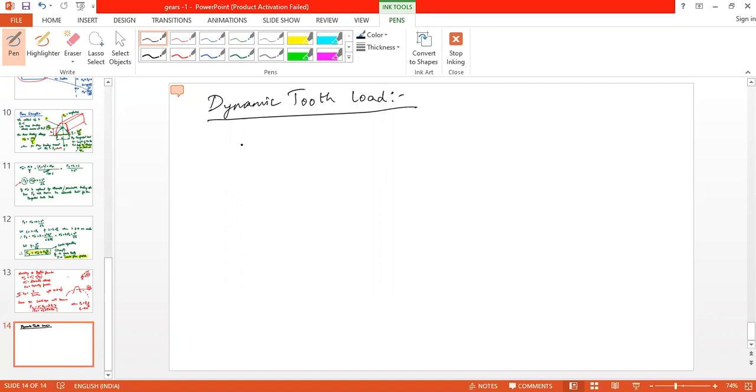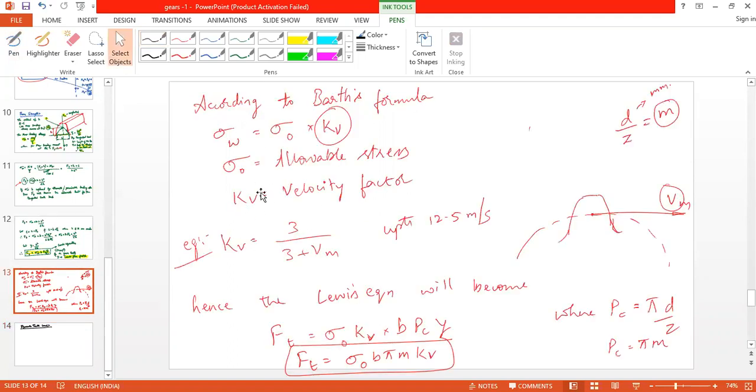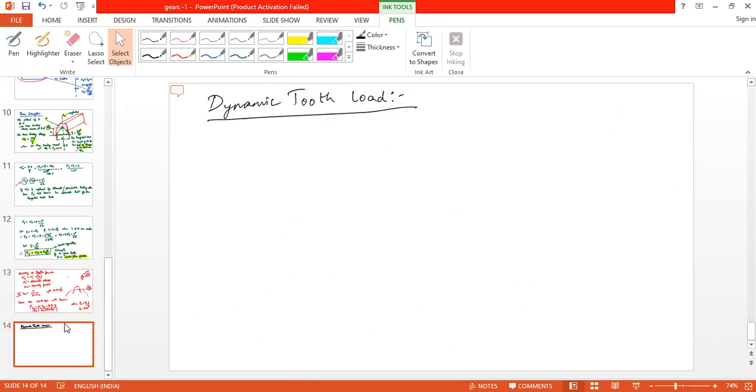In the previous topic, the velocity factor was used to make an approximate allowance for the effect of dynamic loading. Here we considered this KV, which considers the effect of dynamic loading on the working stress.